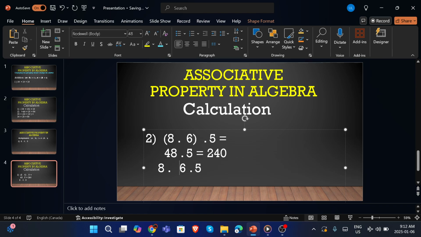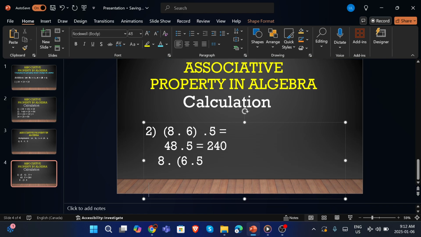Let's put it inside parentheses, grouping them together. And boom. So 8 times 6 times 5. Let's do 6 times 5, which is 30. If we do 8 times 30, that is also 240, because 8 times 3 is 24, so I just added the zero, which gave us 240.